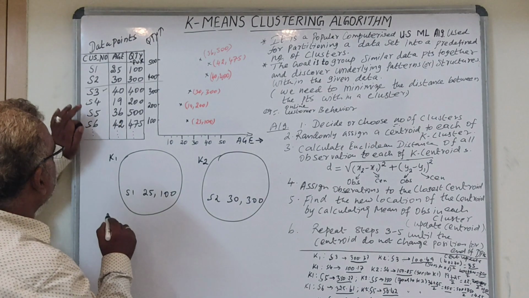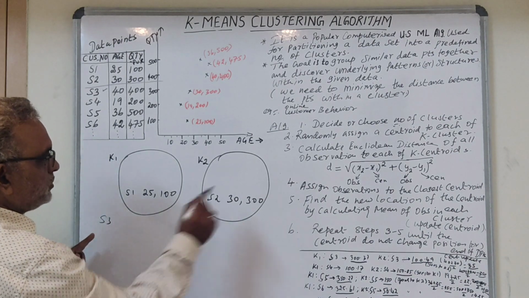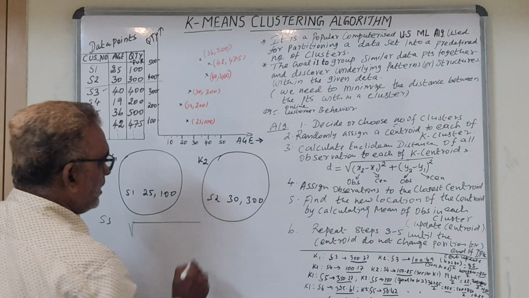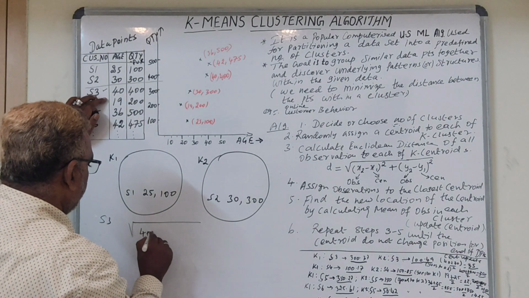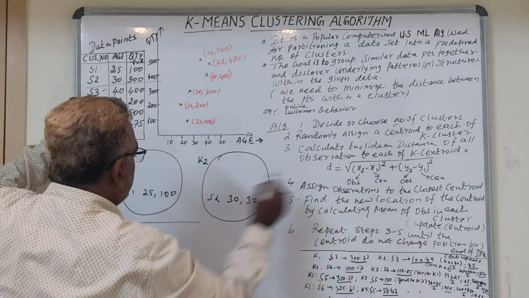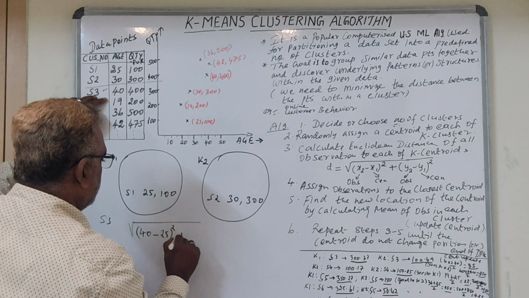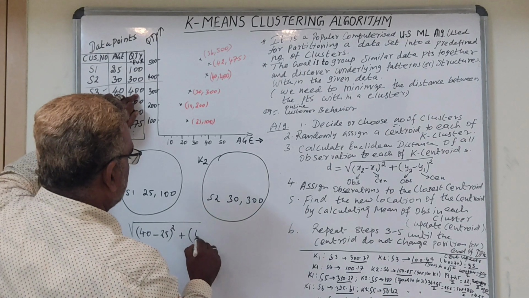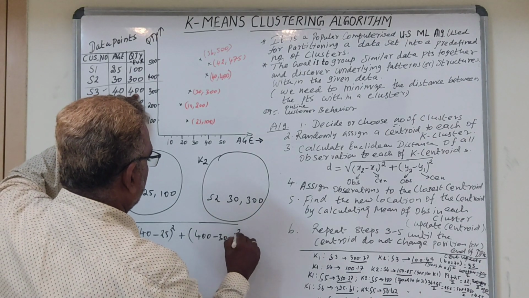S3 is our observed value, and we substitute it in the formula, that is the square root of (40 minus 25) whole square, plus (400 minus 300) whole square.